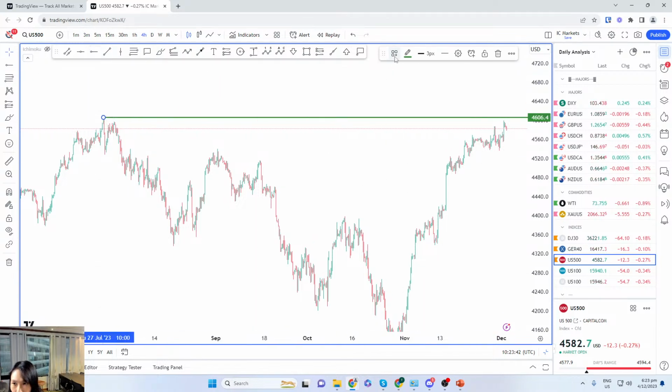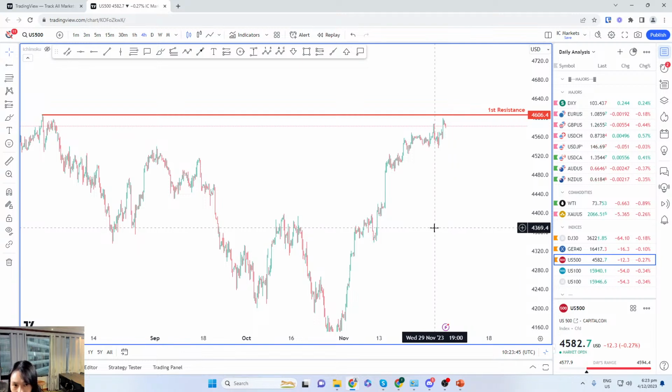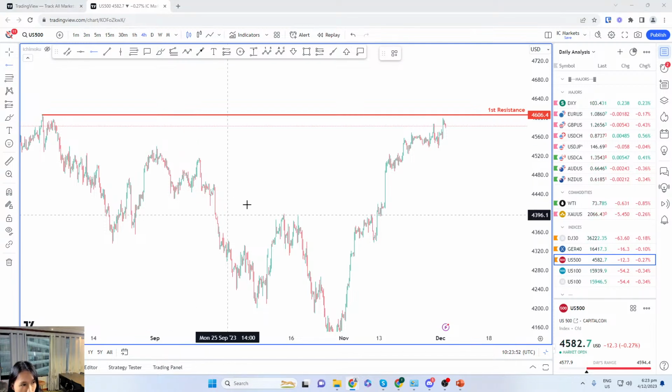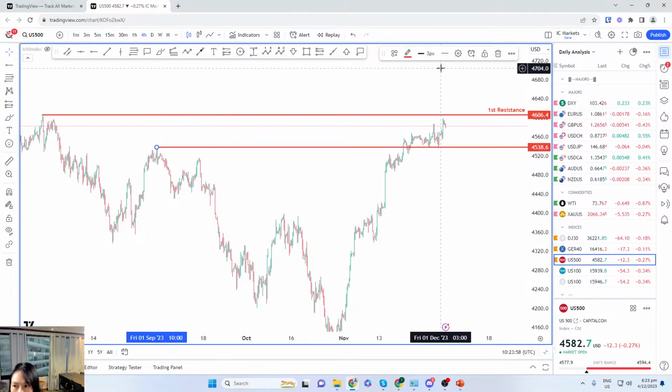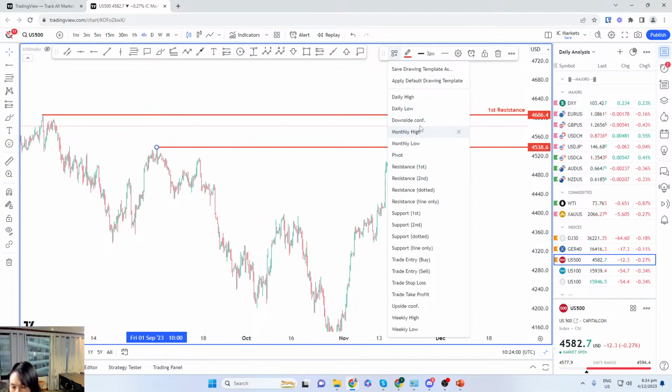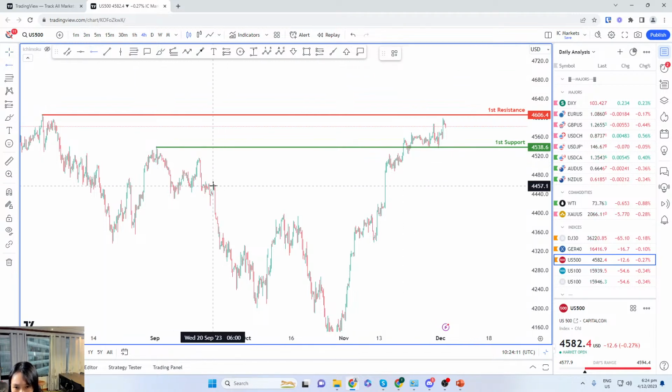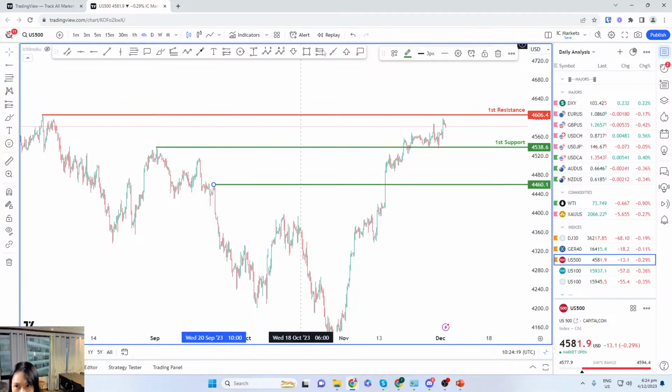So this can be my resistance level. Gonna use this as my support. Okay, my second support, gonna move it a little further, which is this pullback.